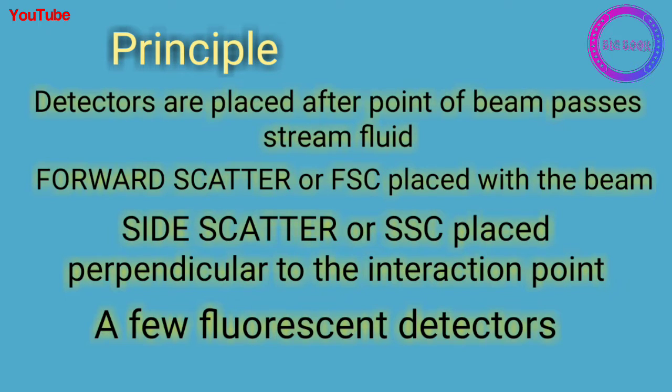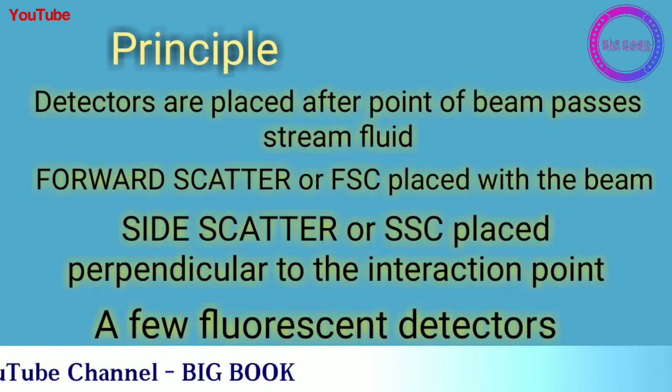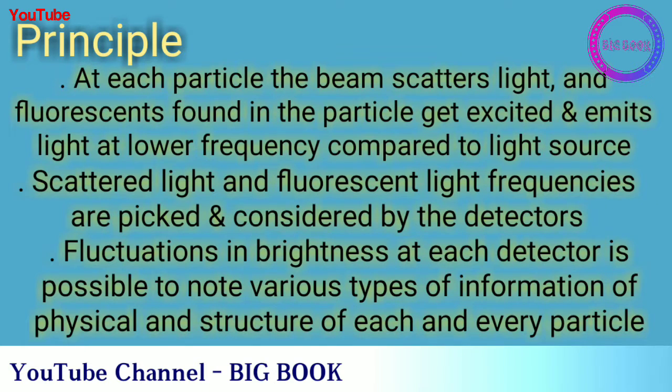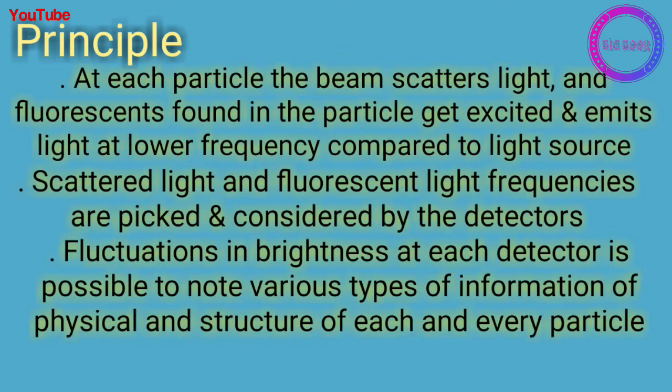So here, whatever sample passes through the light beam, the forward scatters are the detectors, and sideward scatters are also detectors, which are going to absorb the amount of the beam that has been further scattered after absorption by the sample. As the number of detectors present increases, the signals will be sent to the computation source and the results can be analyzed. At each particle the beam scatters light, and fluorescence found in the particle gets excited and emits light at a lower frequency compared to the light source.